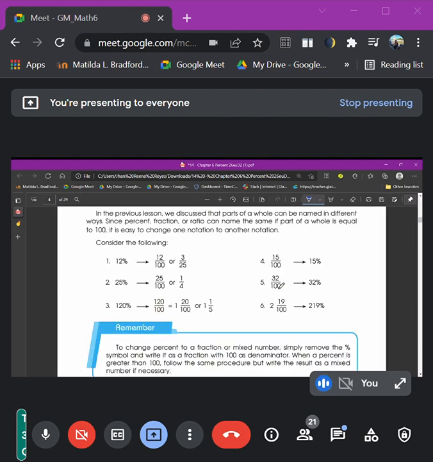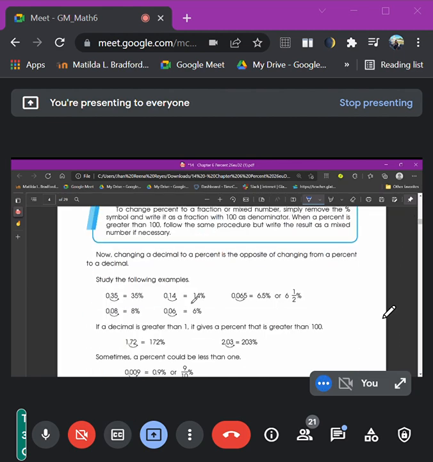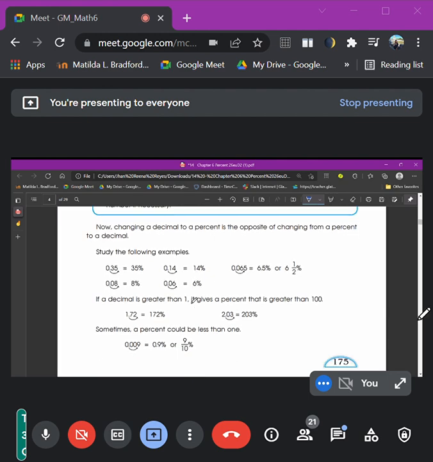What if it has a remainder? For example, this one, where it goes over the 100 class. So it's the same as the 12 and 1 half. Was it 12 and 1 half?